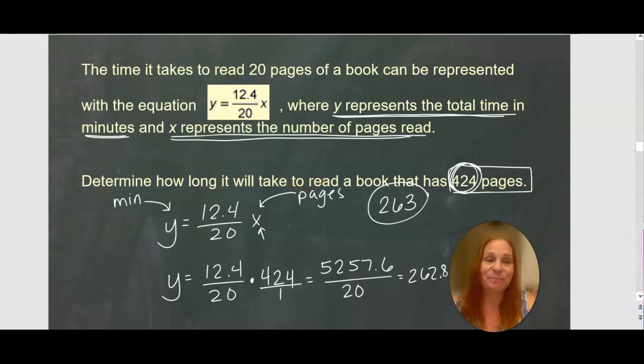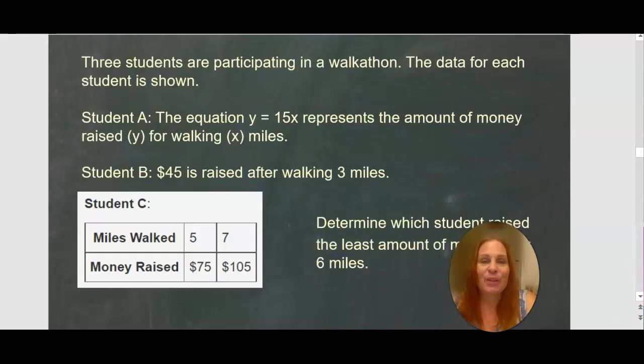All right, let's take a look at the next one. As 3 students are participating in a walkathon, the data for each student is shown. Student A has this equation where the amount of money raised is Y, so Y is money and X is miles.